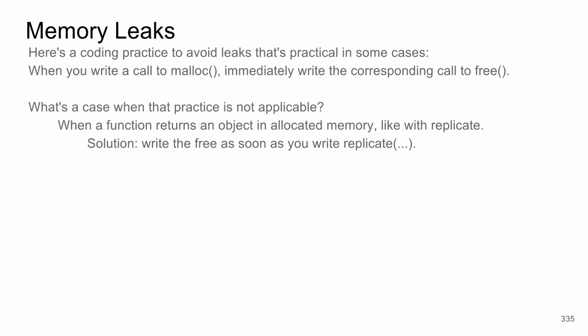So the solution would be to write the free as soon as you write that function call. Again, you just have to be very aware of what's going on with your program when you're doing dynamic memory allocation. Because here, if we didn't realize that replicate was allocating that memory, that would be a memory leak, because we never free it. So you just have to always be thinking about this stuff.